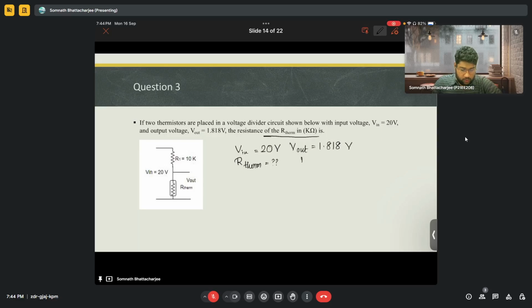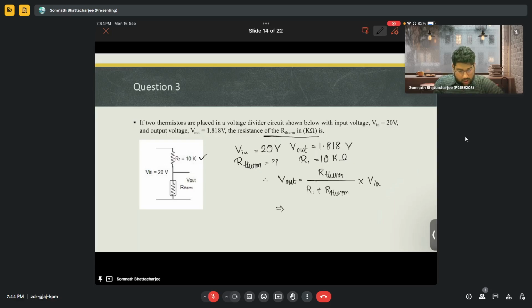And we also know from the curve that R1 is nothing but 10 kilo ohms. So based on the voltage divider circuit, we know that V out is nothing but R of the thermistor divided by R1 plus R of the thermistor, multiplied by V in.